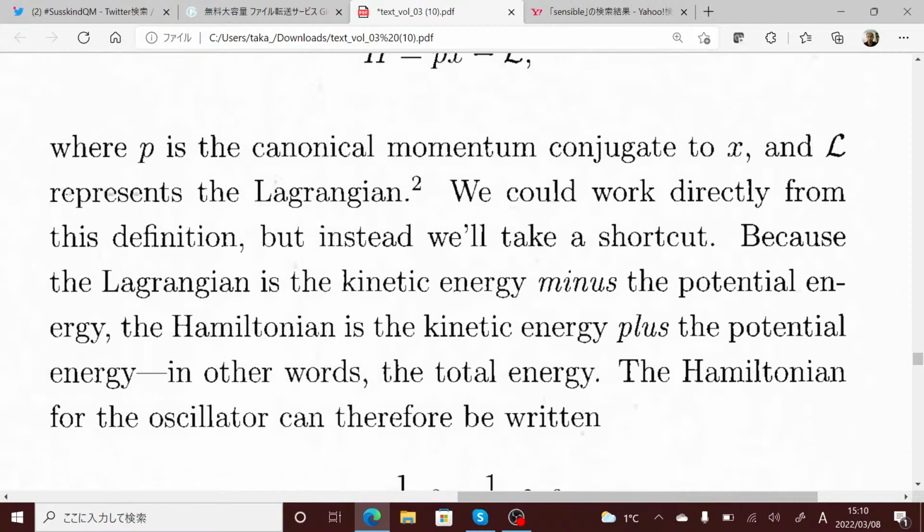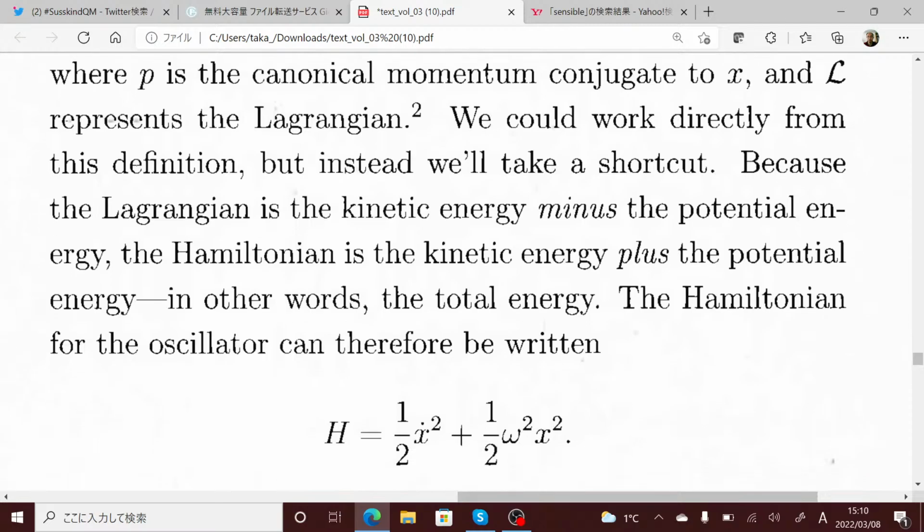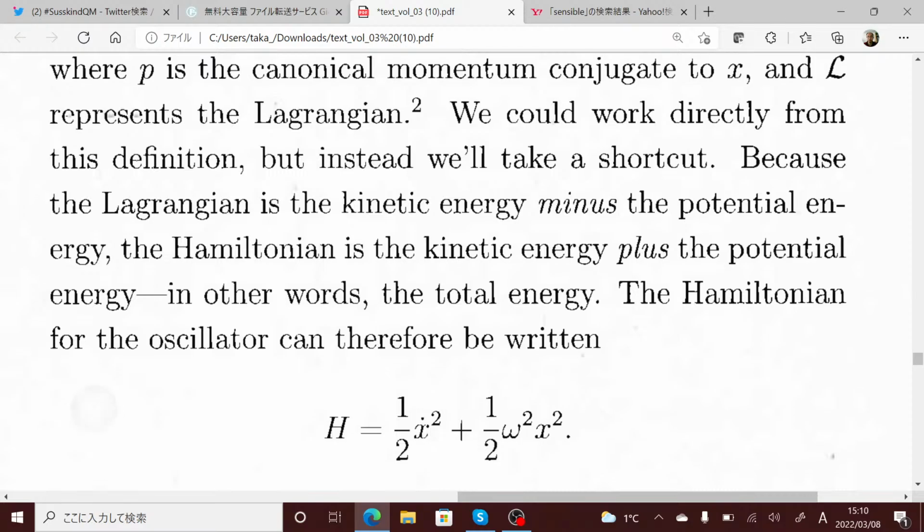We could work directly from this definition, but instead we will take a shortcut. Because the Lagrangian is the kinetic energy minus the potential energy, the Hamiltonian is the kinetic energy plus the potential energy.